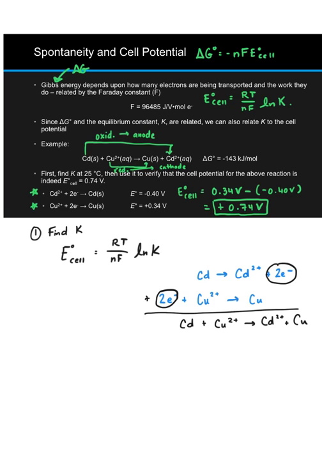The number of electrons either produced or consumed, the number of electrons transferred, is N in this equation. N is 2 electrons. 2 electrons were produced so that the same 2 electrons could be consumed. There's not a difference in these 2 electrons.